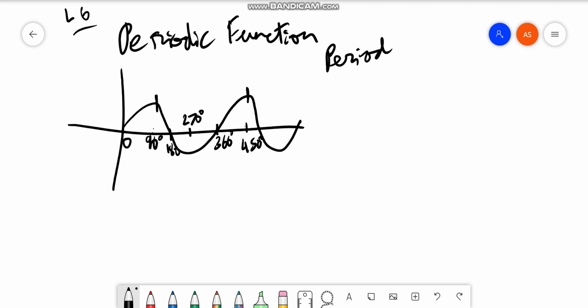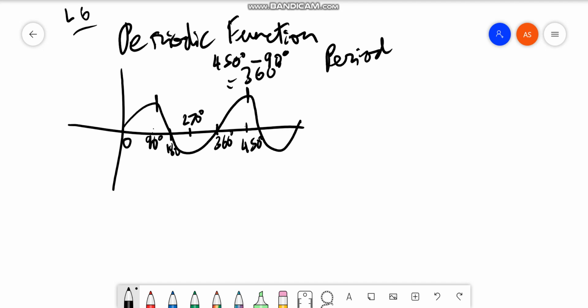So if you want the period of this, it will be 450 degrees minus 90 degrees, which should be 360 degrees.